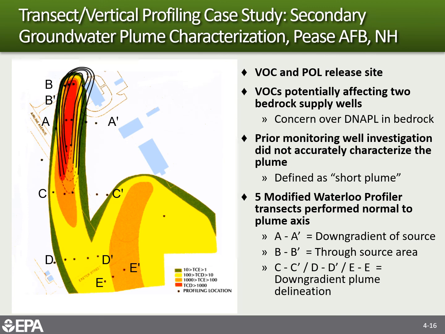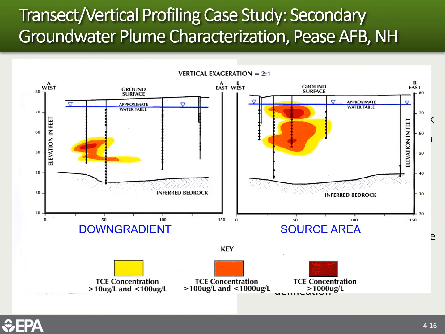Prior to the monitoring well investigation, the plume was defined as a short plume where they thought it was basically degrading very rapidly and didn't seem to be traveling down gradient to cause a problem with the municipal well or the brewery well. The team came in with a series of transects, 5 transects using the Waterloo profiler. You see them here. This is in the source zone, B to B prime, A to A prime, just down gradient, and then a series of transects moving down the plume.